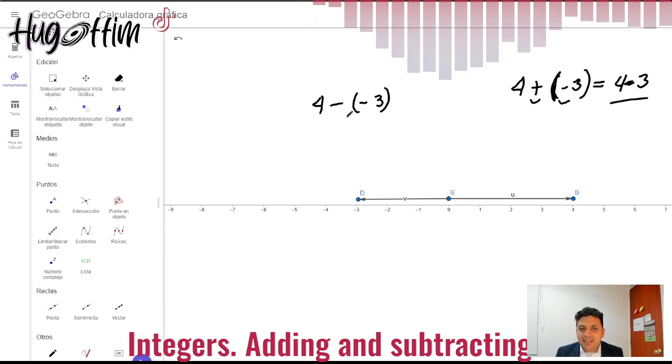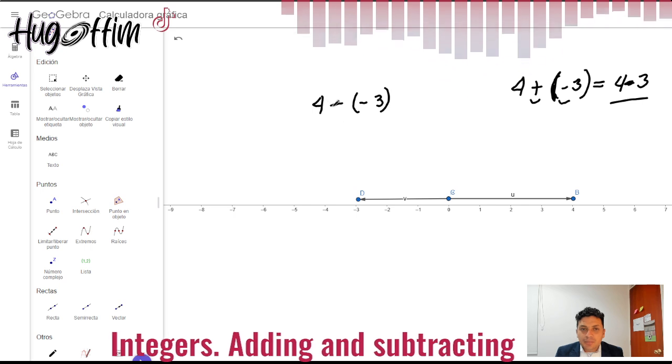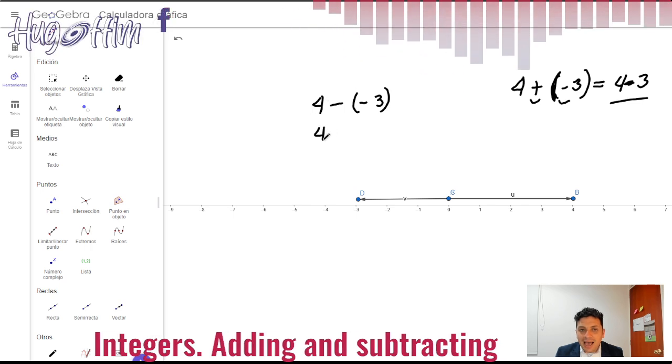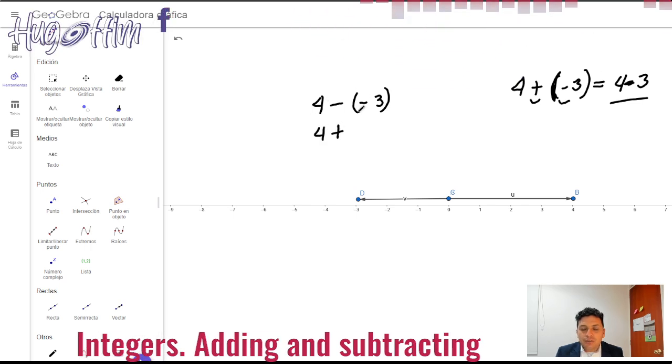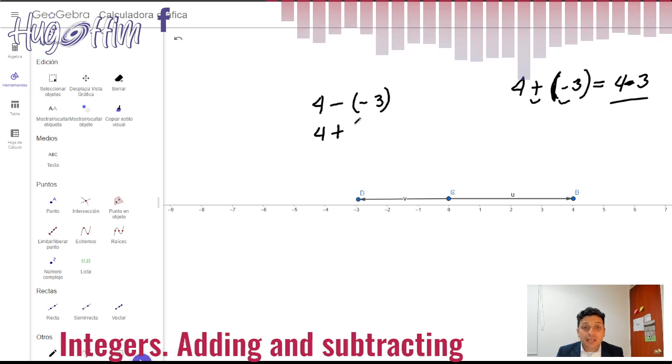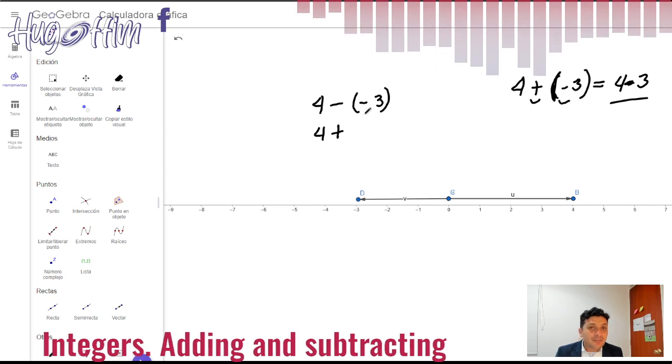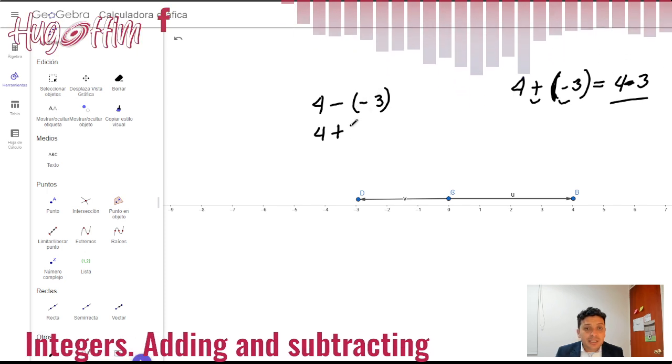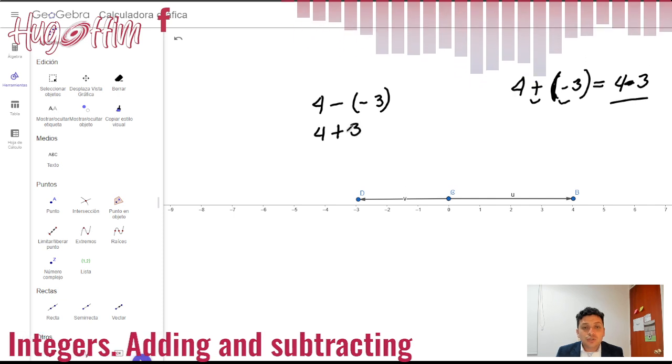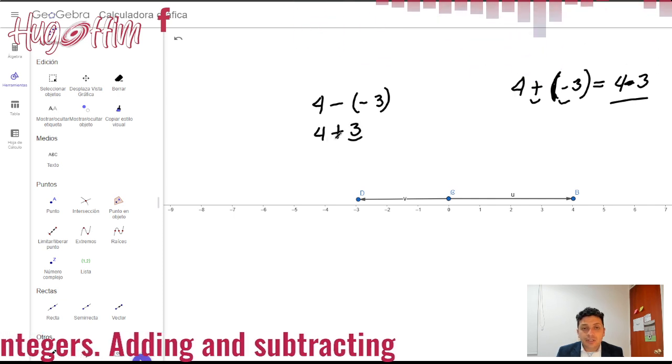I can just get the opposite. So what I need to do is add the opposite of 3. But what is the opposite of 3? The opposite of 3 is negative 3. But what is the opposite of negative 3? The opposite of negative 3 is going to be positive 3.